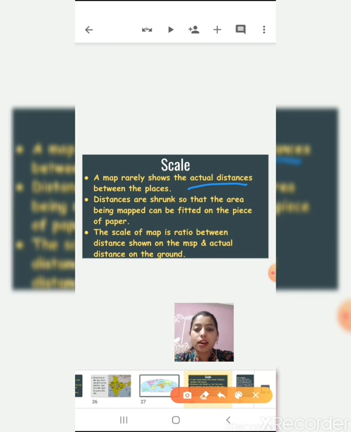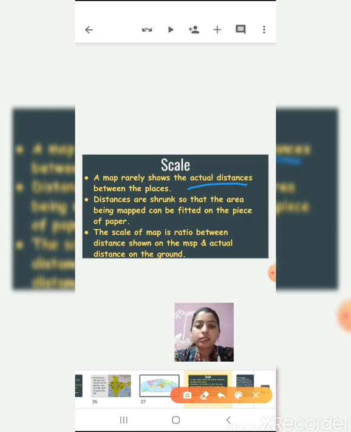Distances are shrunk so that the area being mapped can be fitted on a piece of paper. Shrunk means shrink. Distances are shrunk means we make the distance small.